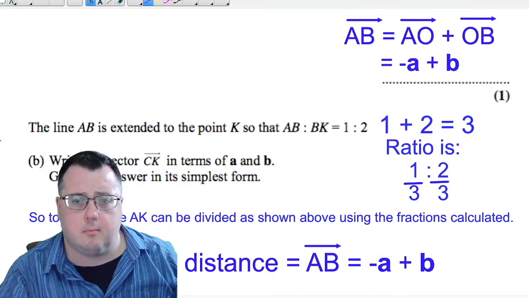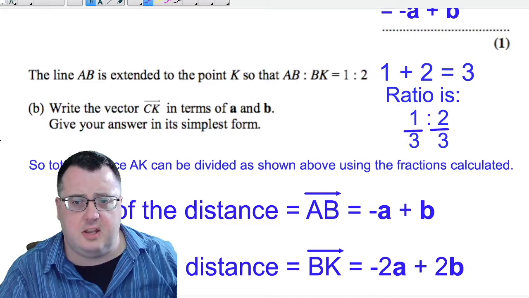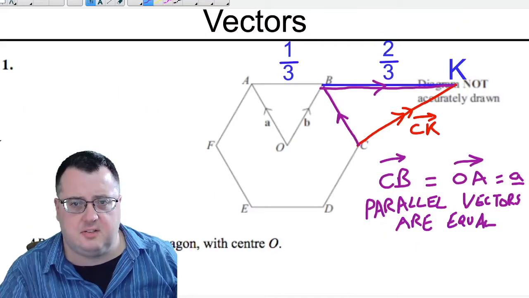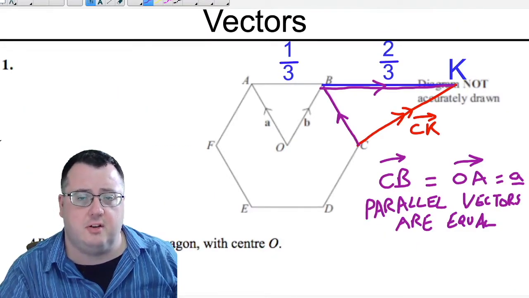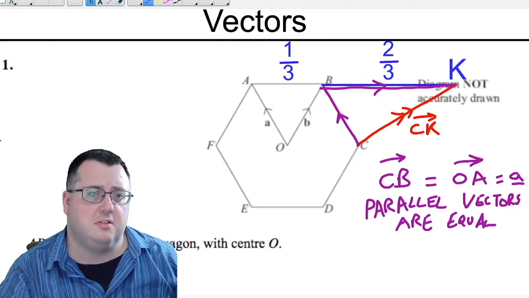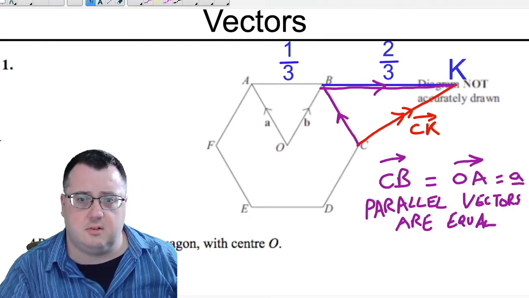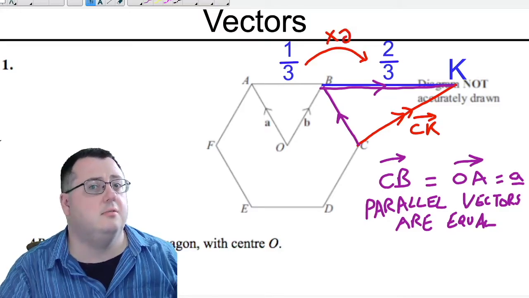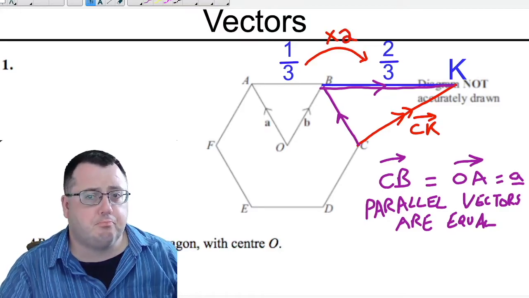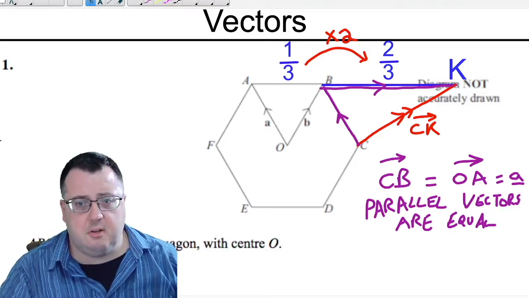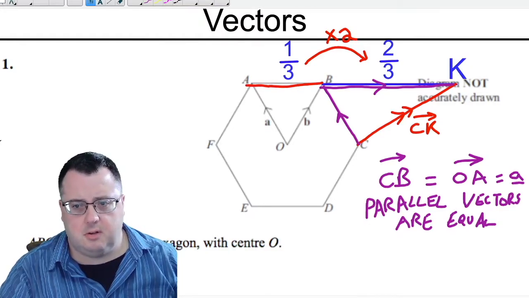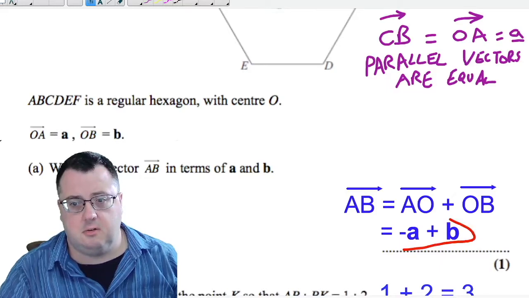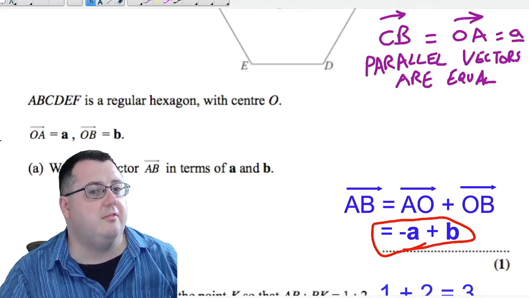I think the key to this is to notice that 1/3 is a half of 2/3. So if I times this distance by 2, I'm going to get that. And I know that AB is this, because I've just worked it out in the first part.